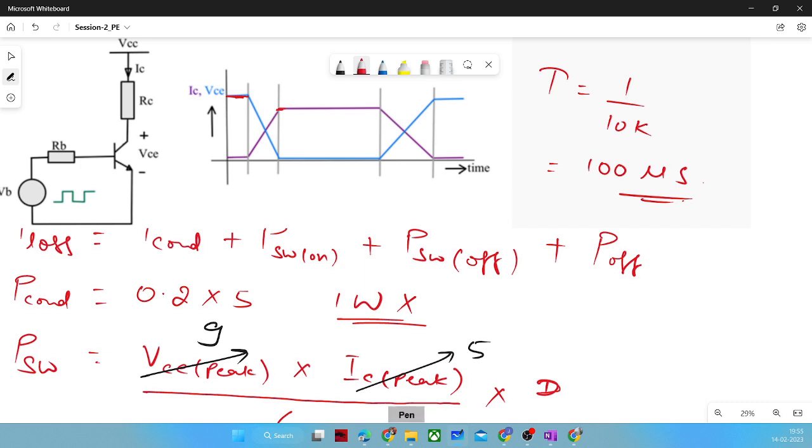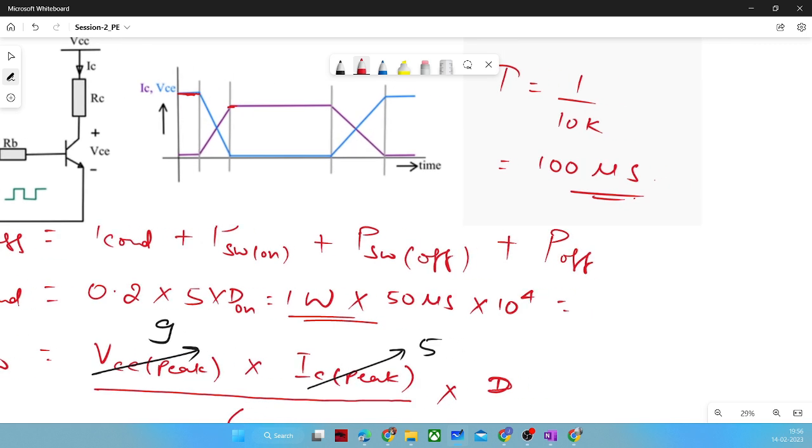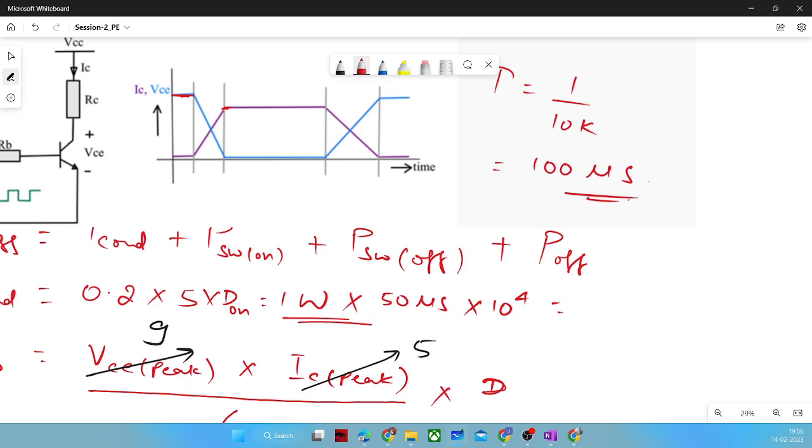Let me include that. Thanks for reminding it. D on, and that will be 50 microsecond and into frequency. That frequency is 10 kilohertz. So 10 raised to power 4 and 50 microsecond, 0.5 watt. Yeah, correct. Now I recall the value.